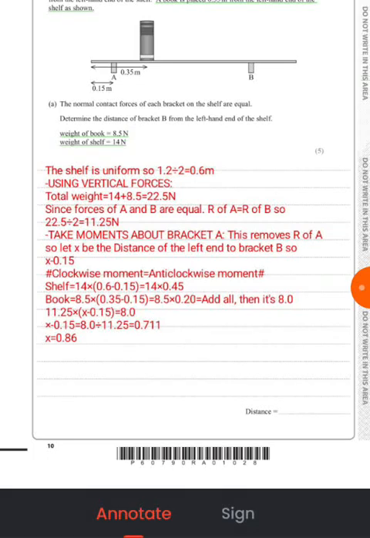Then we use the vertical forces. The total weight equals 14 plus 8.5. Now we have the book and the shelf, so the total weight here is 22.5 newtons.